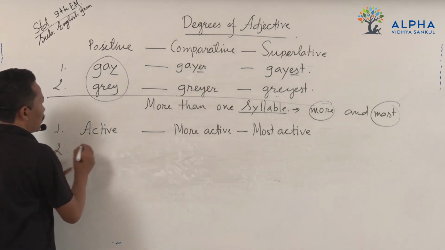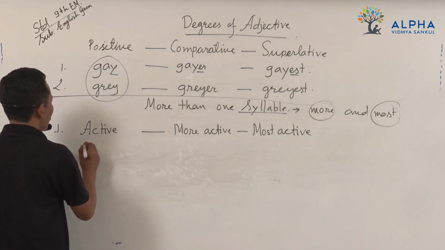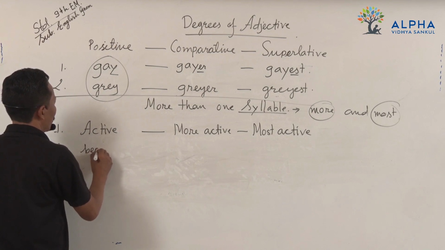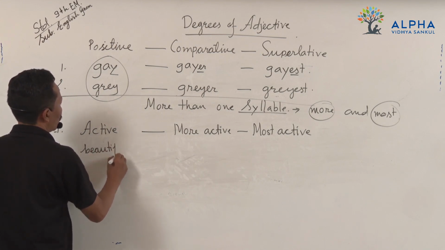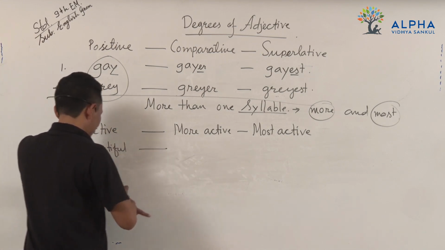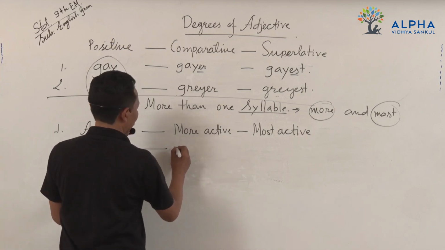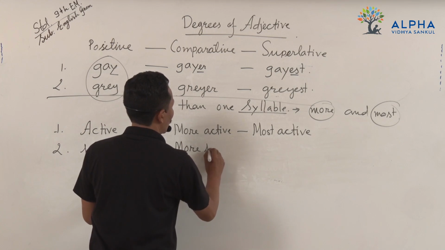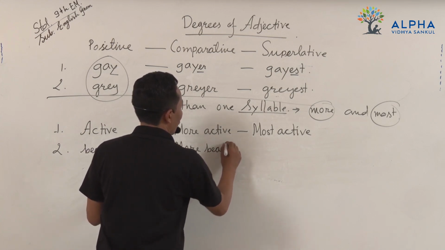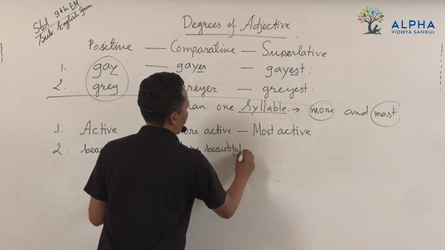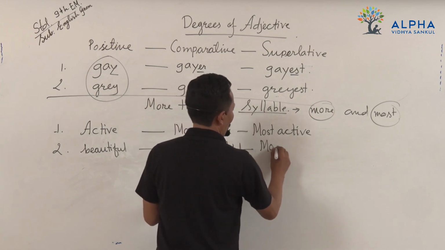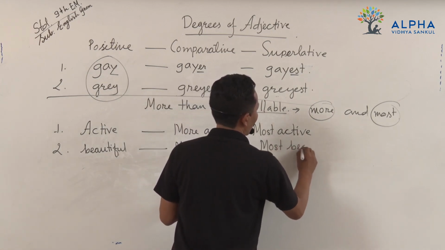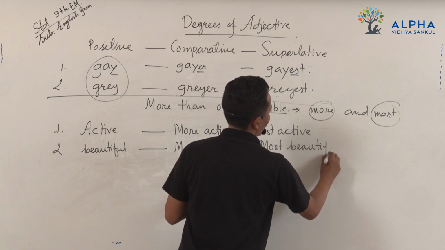Number two, now I can say beautiful. Beautiful. Then for the beautiful also you can say what will be here? More beautiful. Most beautiful. Most beautiful.